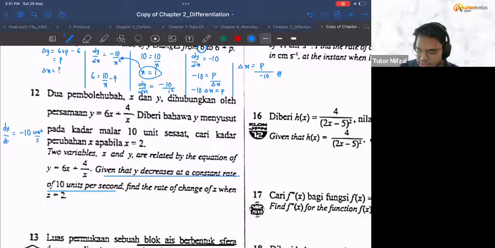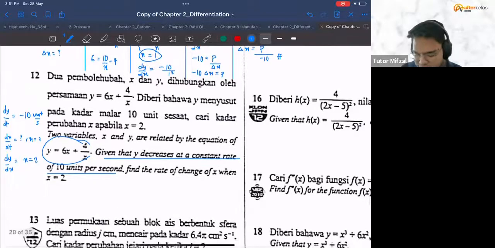Now, what is asked is dx over dt, the rate of change of x, when x is equivalent to 2. And finally, you have your equation. You have to find dy over dx, and then substitute x equivalent to 2.